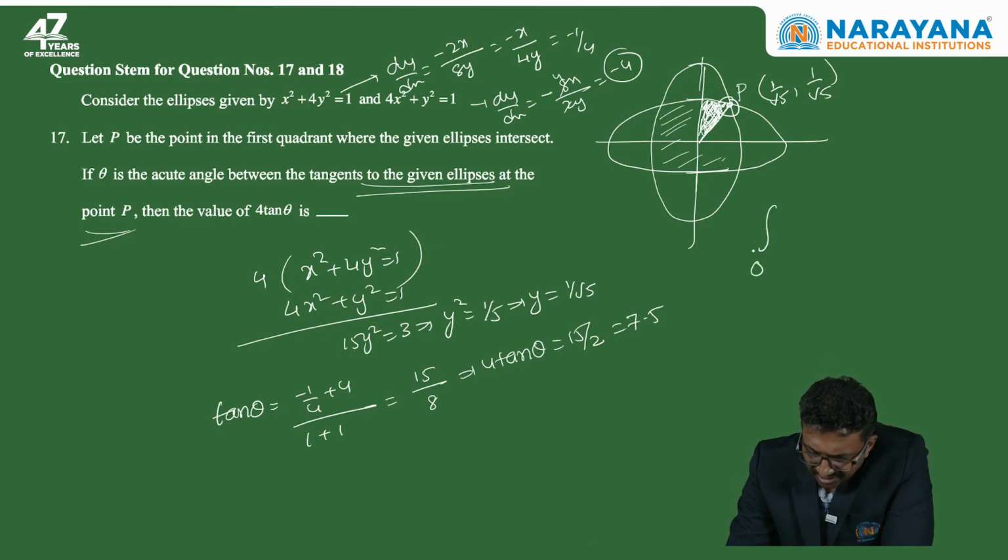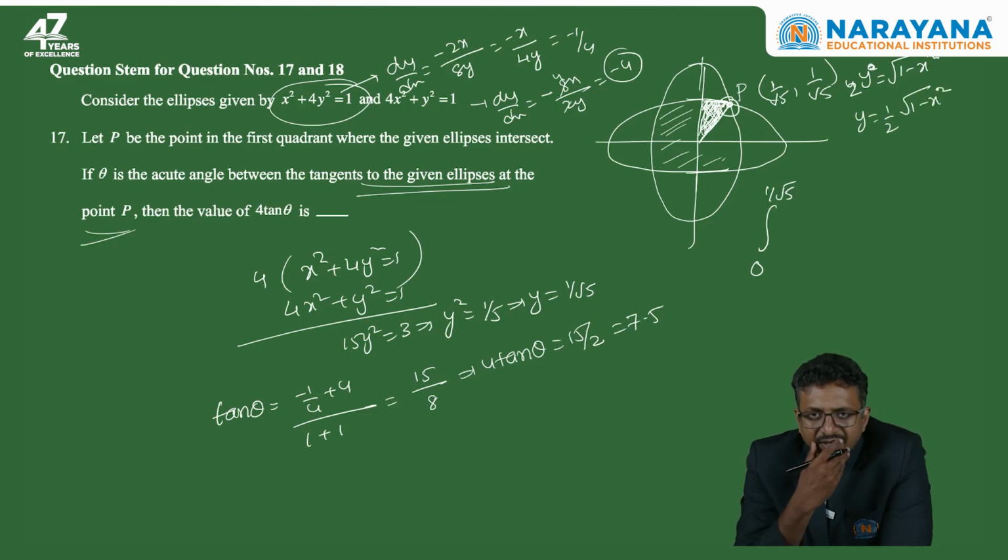So integration 0 to 1 by root 5. This is the horizontal ellipse. So y square is equal to (1 minus x square) by 4, so 2y is equal to root of 1 minus x square. Y is equal to 1 by 2 into root of 1 minus x square.